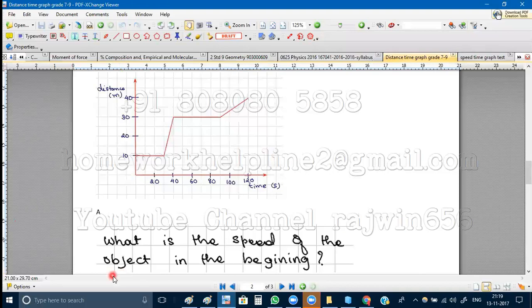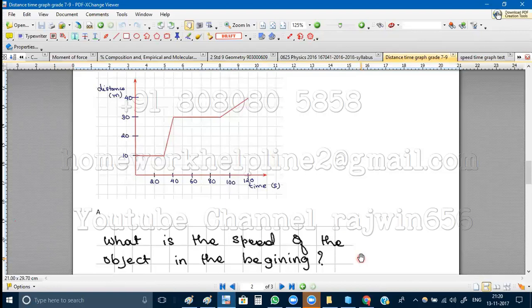What is the speed of the object in the beginning? Who will answer this? 0.33 meters per second. Is that answer correct? It will be 0.